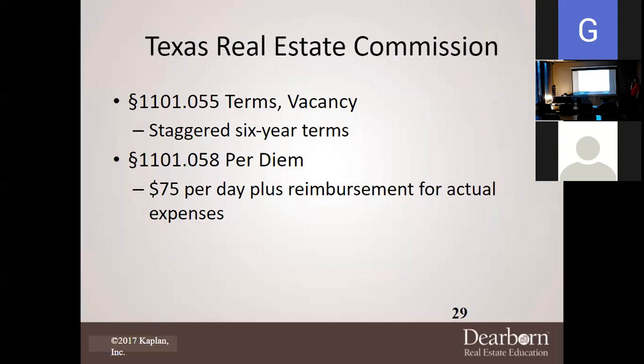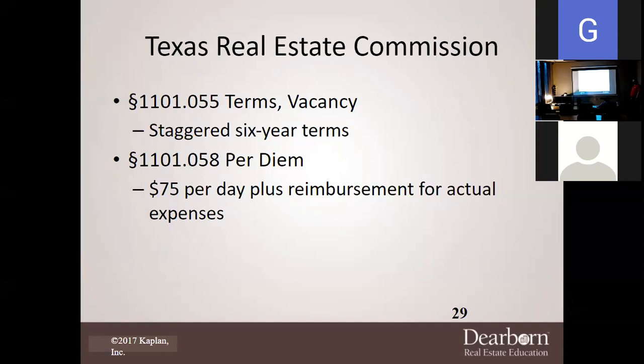Now, the Texas Real Estate Commission terms are staggered every 6 years. So you serve a 6-year term, and the pay that you get for serving is $75 per day plus reimbursement of your actual expenses.